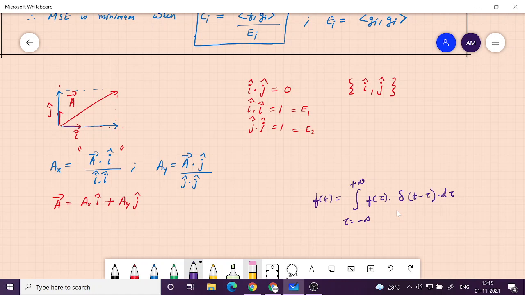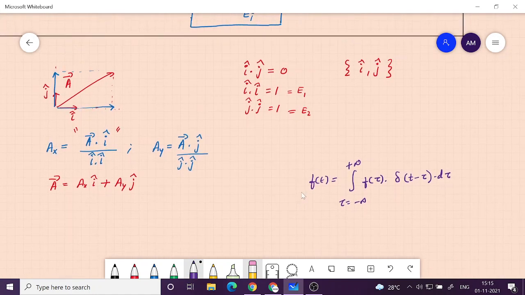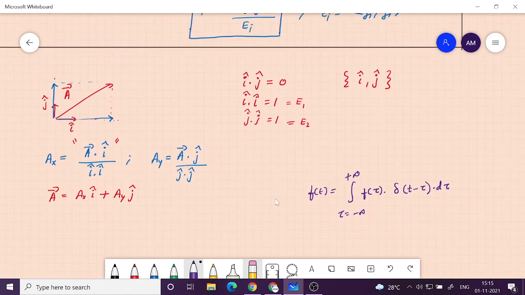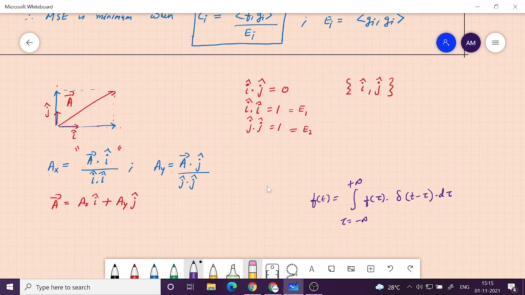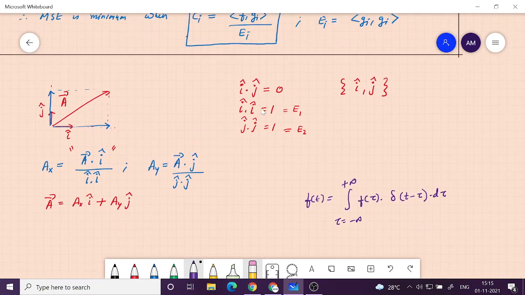When we express it in terms of impulses, if we know how the system behaves with the impulse response, then we know the output of the system. We said that y of t is equal to h of t convolved with f of t.